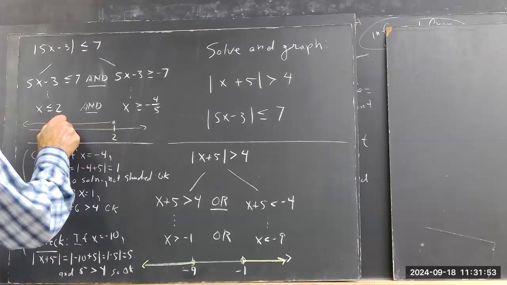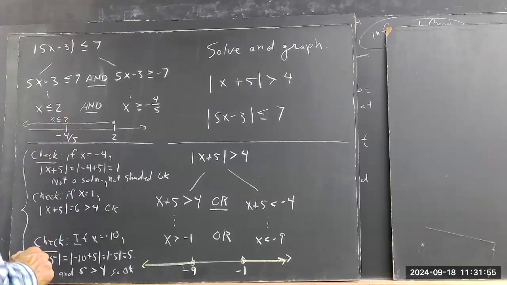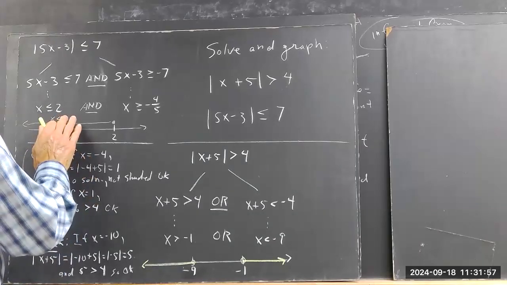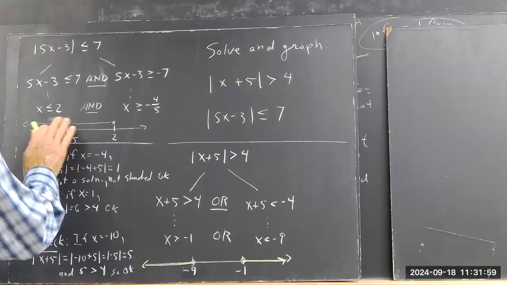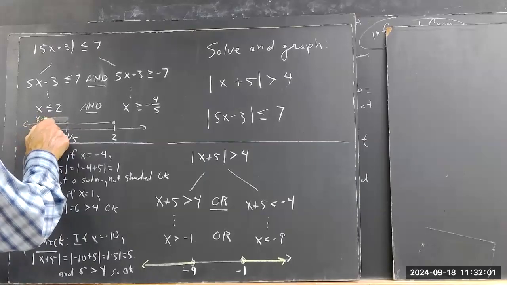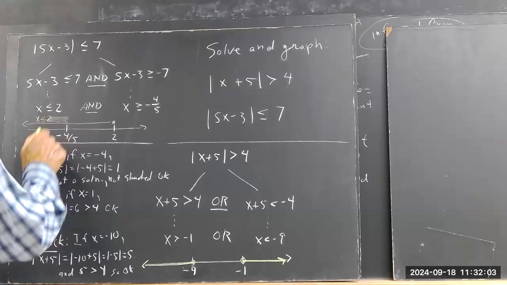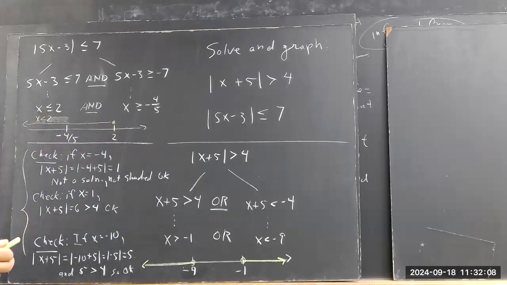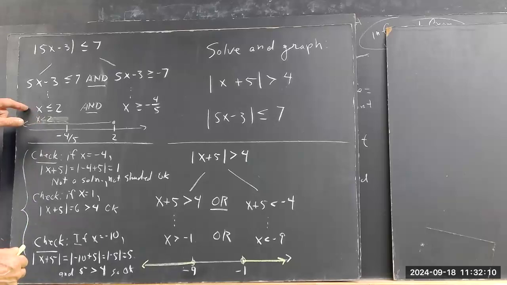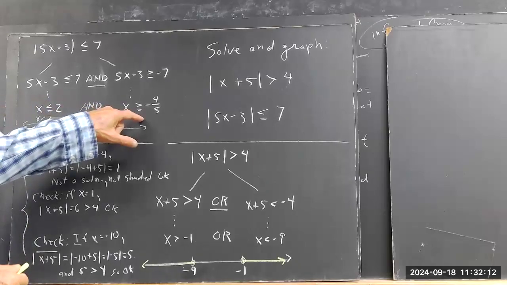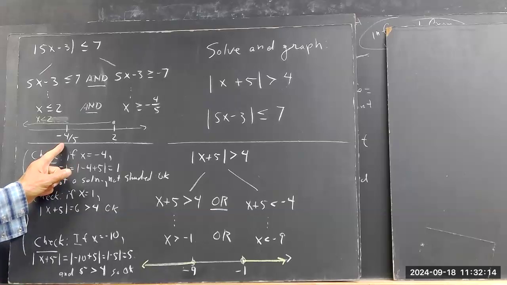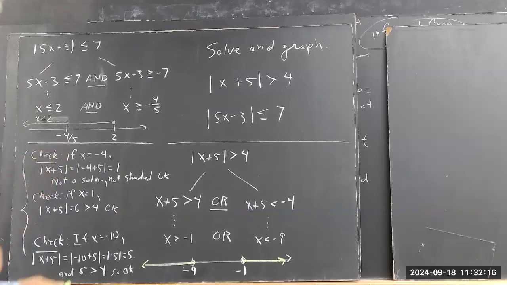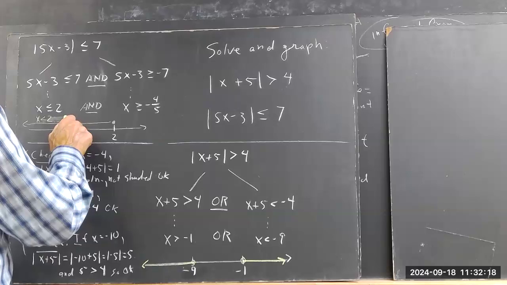Here's x less than or equal to 2. Okay, it's all numbers to the left of this, okay? If you just say x less than or equal to 2, you've got to have another condition that keeps it bigger than -4/5, right? And x greater than -4/5.